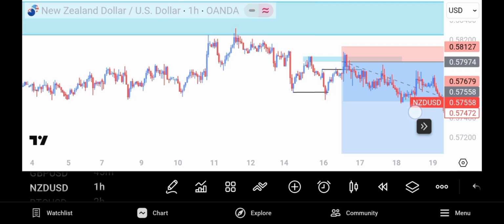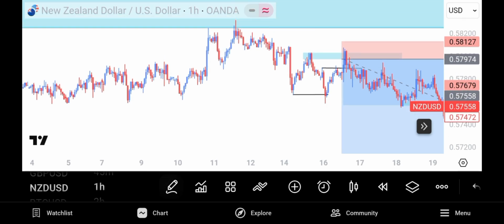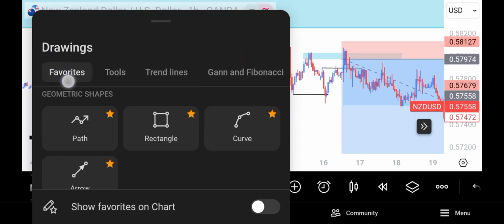Now, if a market respects a resistance, for it to start selling, you need to start creating structures, and those structures are also known as lower highs or lower lows, right? Because when we're looking for sales, or we're looking for a bearish market, we want to see lower highs and lower lows.